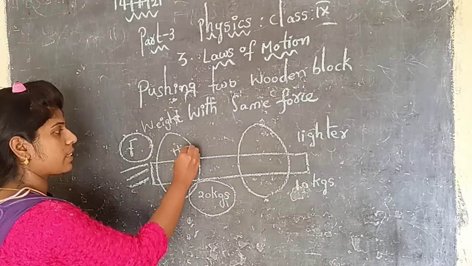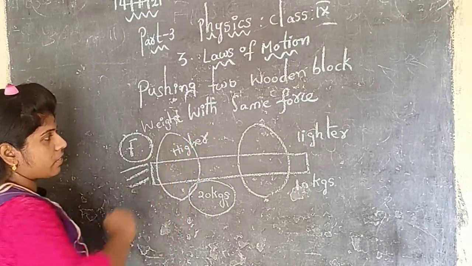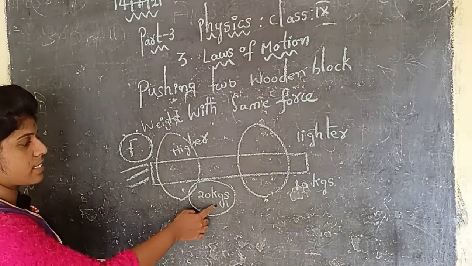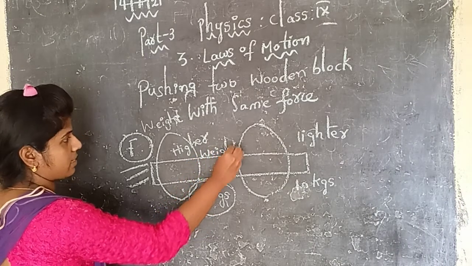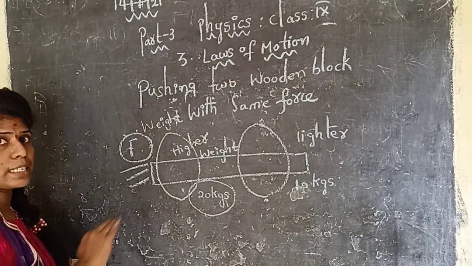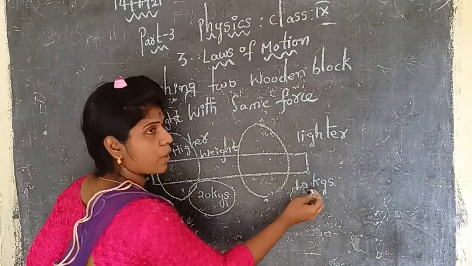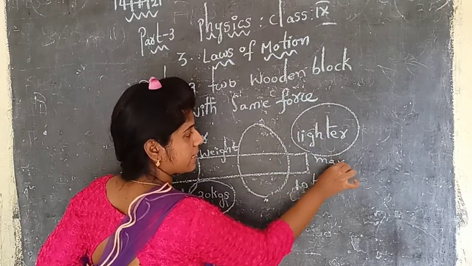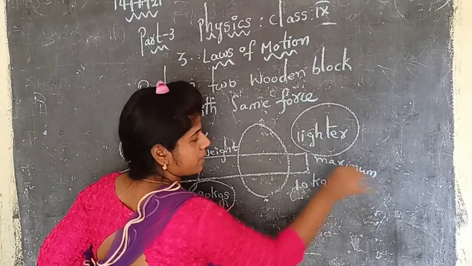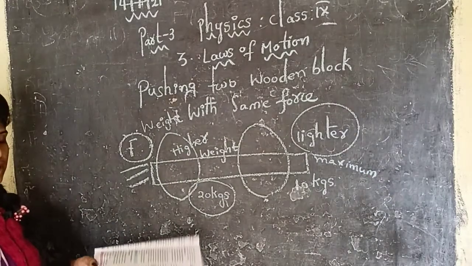Which is the highest weight here? 20 kgs is the higher weight, right? So it moves the least distance. It covers only the least path. But the 10 kgs covers maximum distance due to the lesser weight.